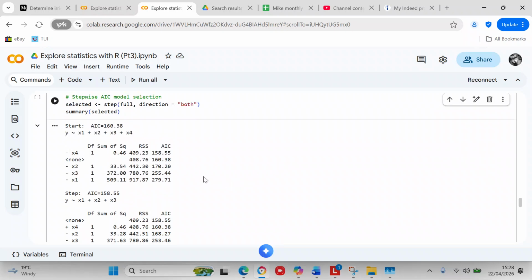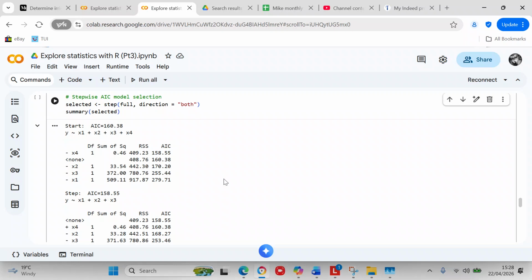So we're going to start with AIC equals 160.38, and then y tilde x1 plus x2 plus x3 plus x4. So you've got x4, x2, x3, x1. You've got your degrees of freedom. You've got your sum of squares. You've got your RSS, and then you've got your AIC.